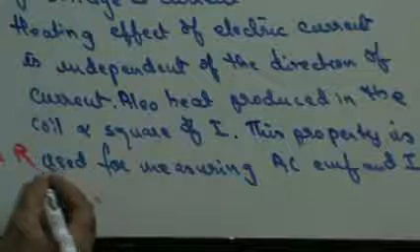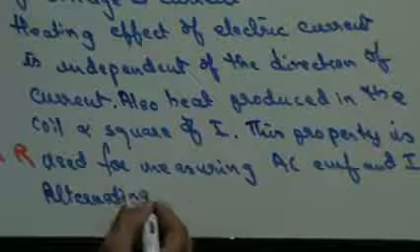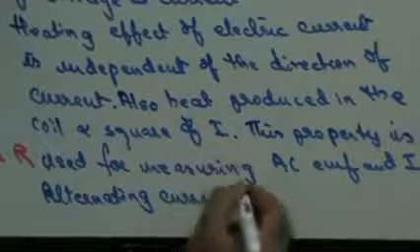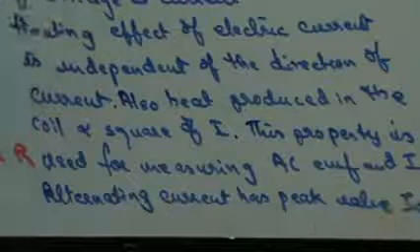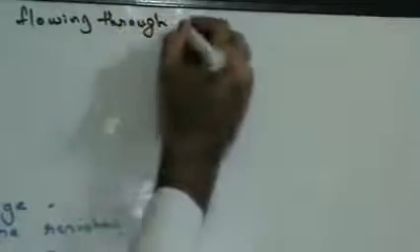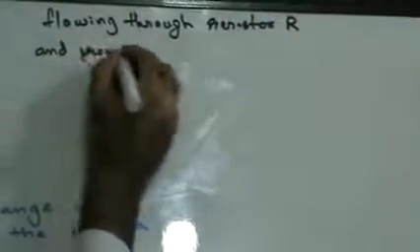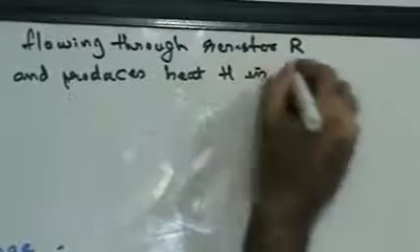Let us assume that alternating current has peak value I0, flowing through resistor R and produces heat H in time t.